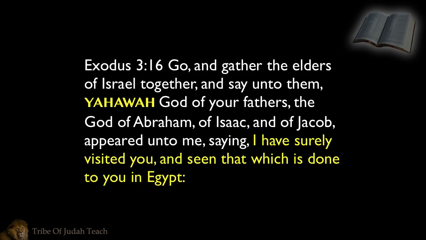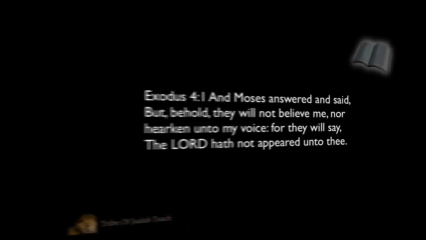Now watch this. I'm going to prove to you that it was never about Moses or the Israelites not knowing the name. It was about the children of Israel doubting that Yahweh, the God of their fathers, was still with them. After the Most High told Moses what to say to the children of Israel, watch how Moses responds.